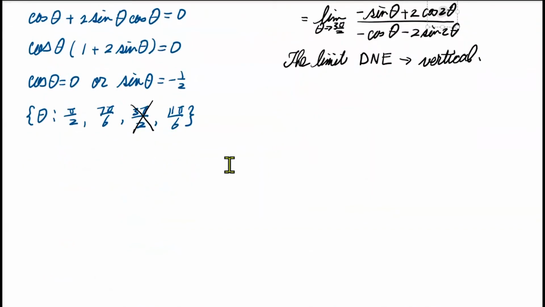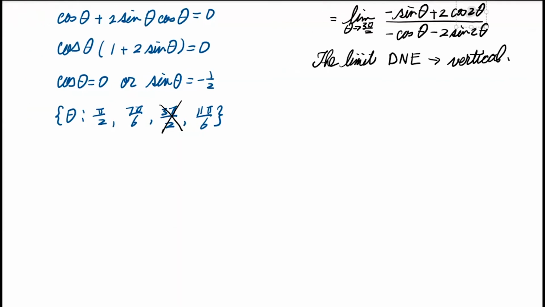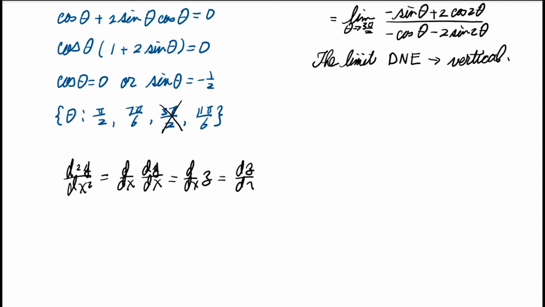Okay, the trick is this. Here's a little bit of theory back. If we let this thingy be z, that's just dz over dx.